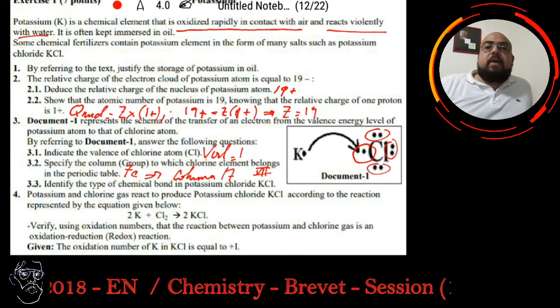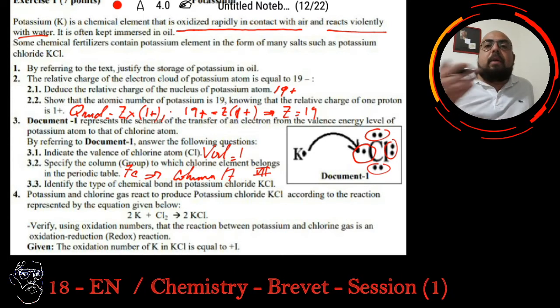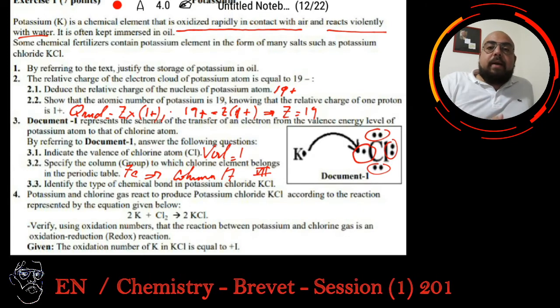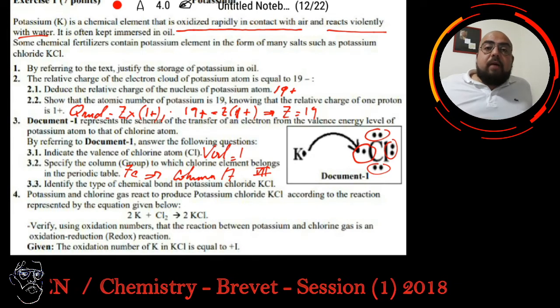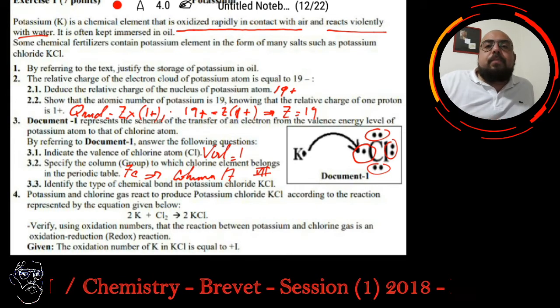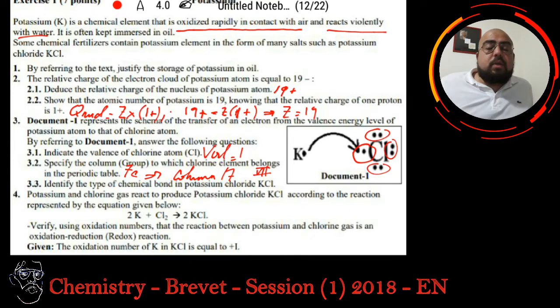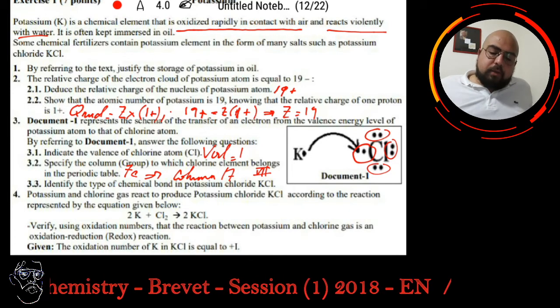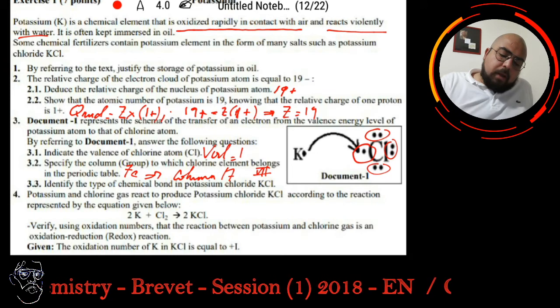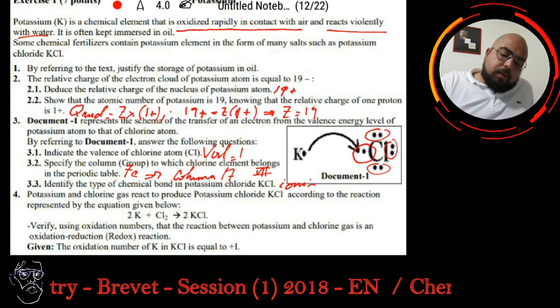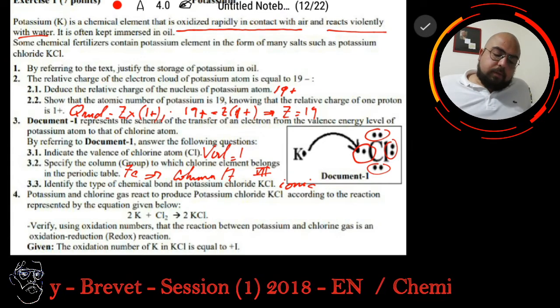So you will have K transformed to K plus ion, and Cl will be transformed to Cl minus ion. So we will have a mutual attraction between them. The bond will be ionic. You will have an exchange of electrons, so the bond will be ionic. All right, so this is an ionic bond simply because you have an exchange of electrons.